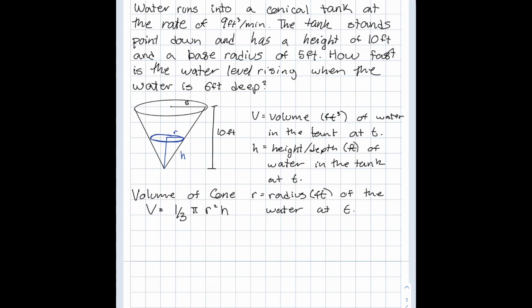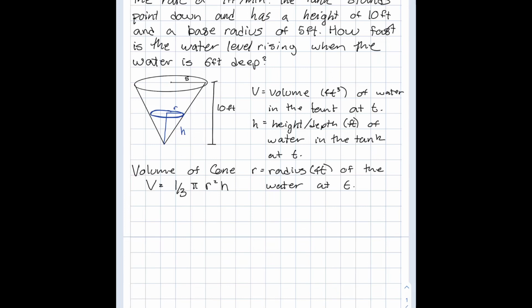Then I need some relationship between r and h. I know from geometry there's something called similar triangles. There's this little angle between the side of the tank and the center. If I stuck a pole straight down the cone, that angle and the side would be the same for this blue triangle and for the big triangle, with one base being 10 and one being 5.